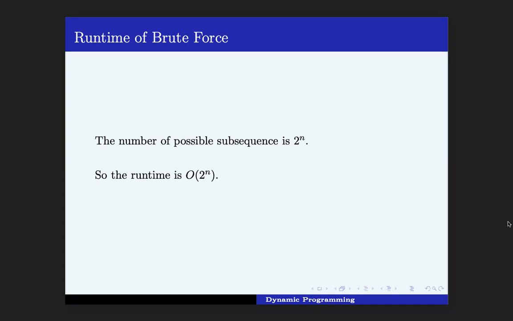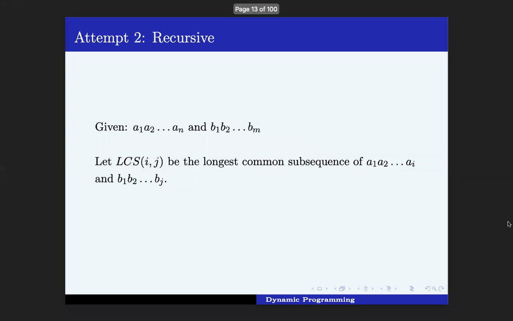In other words, if somebody has come up with a solution for my smaller problem, can I use it? So it's a recursive kind of thing. Say I have an algorithm LCS(i, j), which finds the longest common subsequence between A1 to Ai and B1 to Bj.